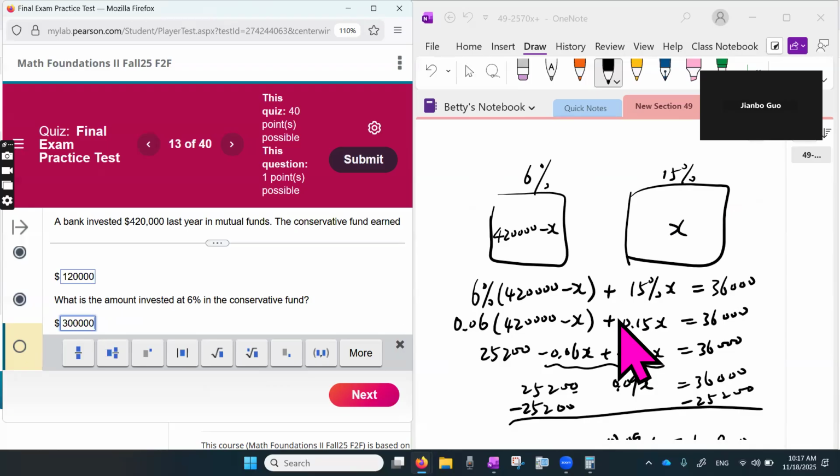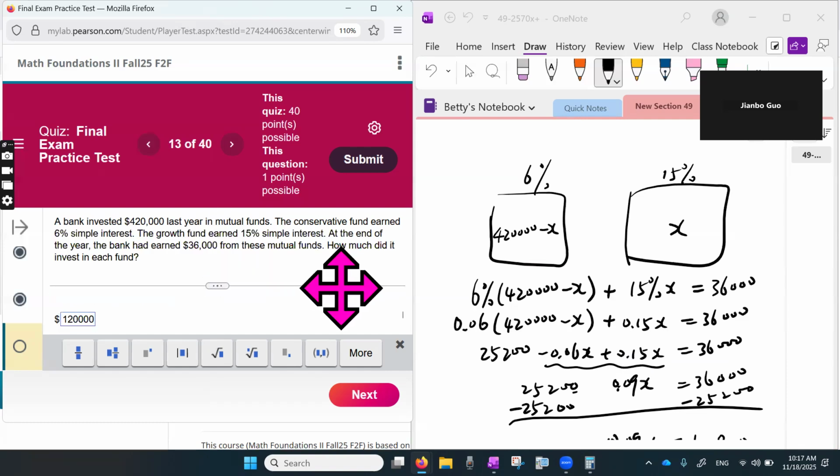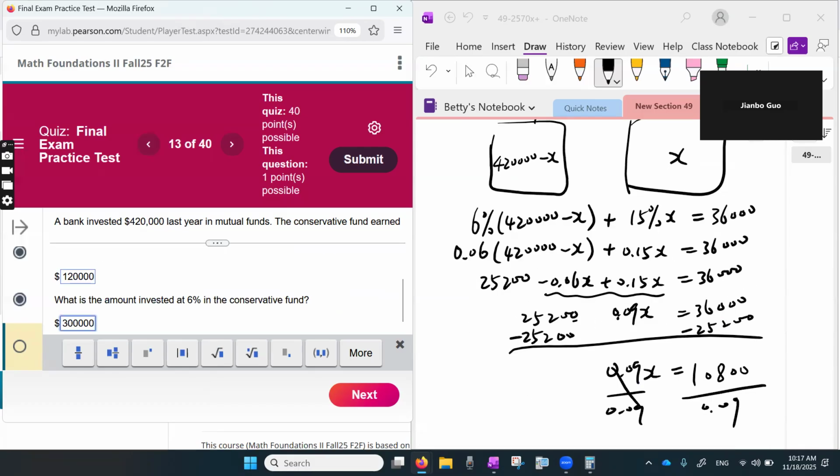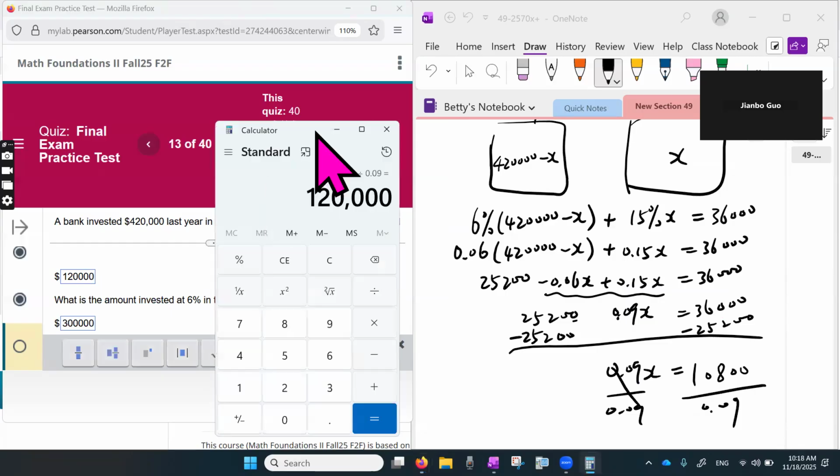That's going to be 0.06 times 120,000, which is 7,200. If we double check our answer, 120,000 times 0.06 is 7,200.